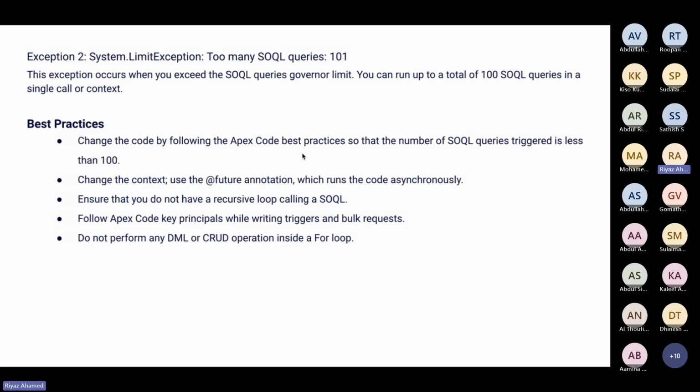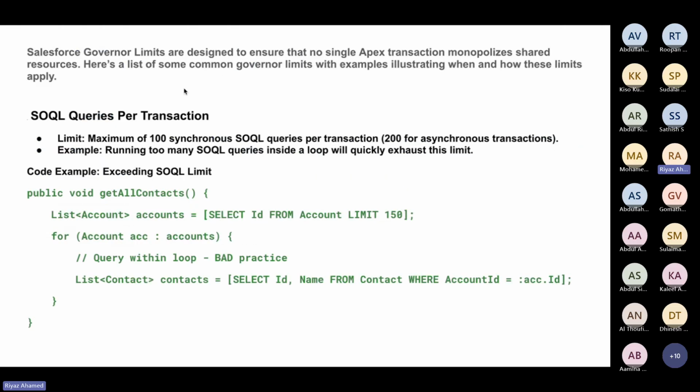Okay. Here are some examples. For example, SOQL per transaction. What we are saying is 100 SOQL queries for synchronous, 200 for asynchronous, correct? Running too many SOQL queries inside a for loop will quickly exceed the limit. Here, see in this code, what we are doing: inside the for loop we are querying, correct?